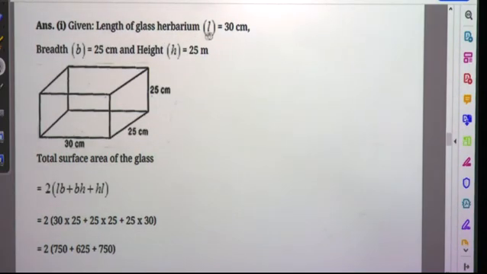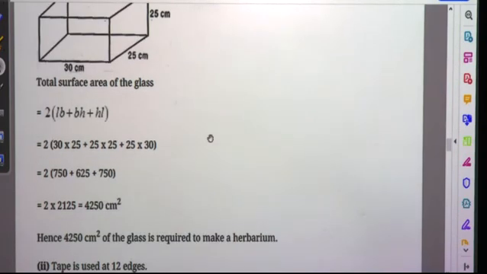length of the glass herbarium is 30 centimeter, breadth is 25 centimeter, height is 25 centimeter. Total surface area of the cuboid is 2 into bracket LB plus BH plus HL, which is 2 in bracket 30 into 25 plus 25 into 25 plus 25 into 30. 2 in bracket 750 plus 625 plus 750.